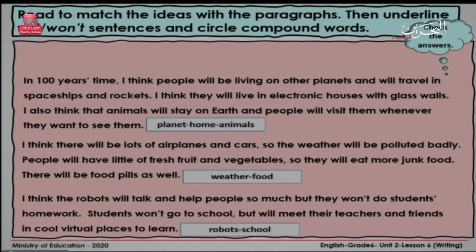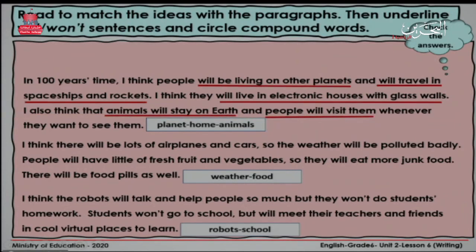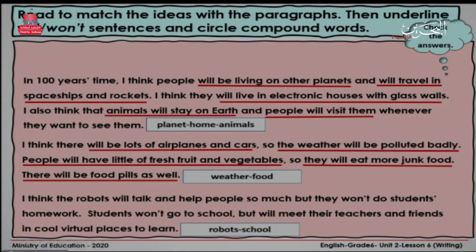Now, let's see the second task, which is to underline sentences with will and won't. Here are the lines for the first paragraph for the sentences with will and won't. Here are the lines for sentences with will and won't for the second paragraph.